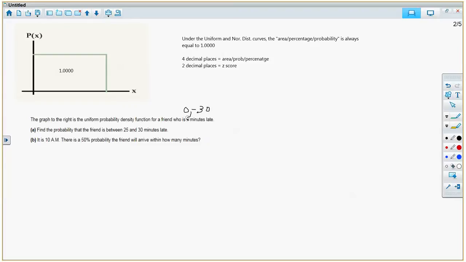Okay, so I'm going to put that in there for X. Make that change. So that means that this point right here is what? 0. And this point right here is what? 30.